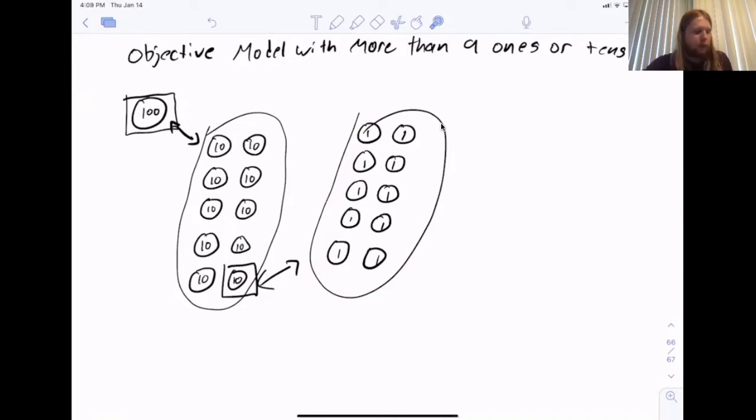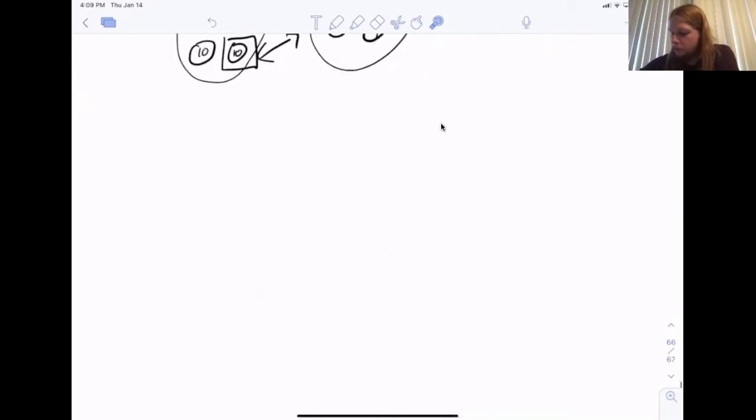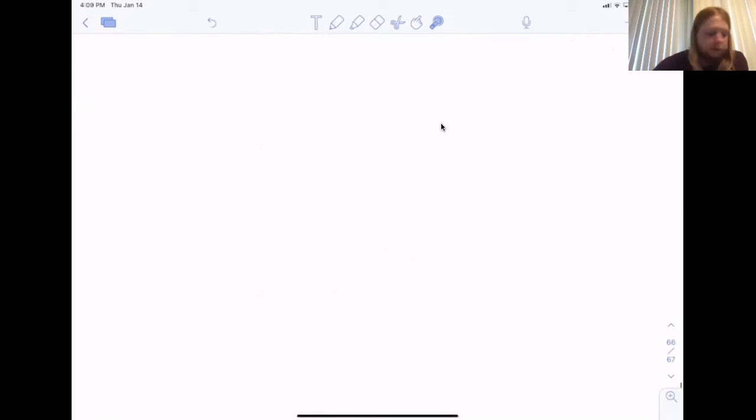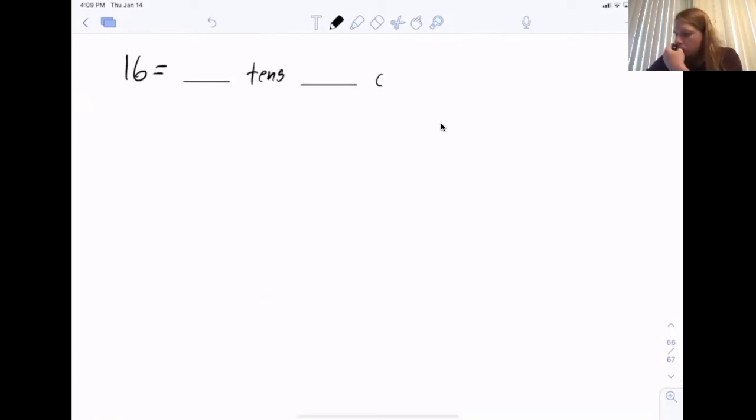So what I'm going to do now is show you some examples. So let's look at our first example, which is going to be 16 equals blank tens blank ones. What I have shown you is you can look at the place value of the numbers to be able to identify how many are in a certain set.